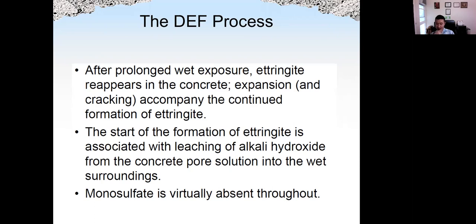Again, why is that the case? And monosulfate is virtually absent throughout. So there's no typical formation of ettringite from monosulfate aluminate as we know of.